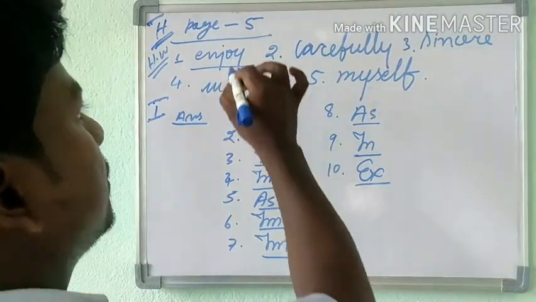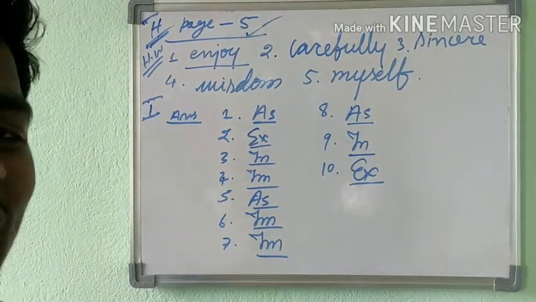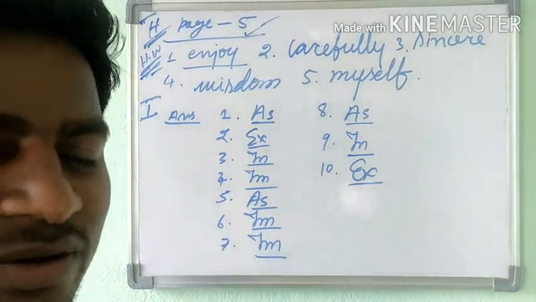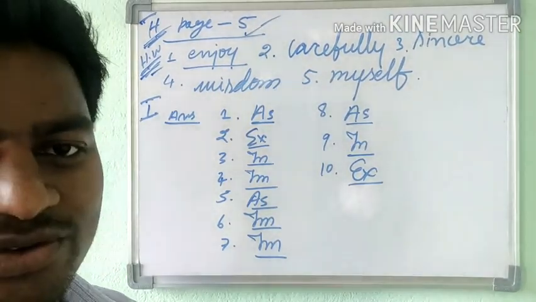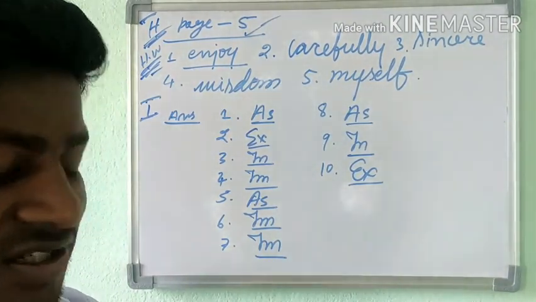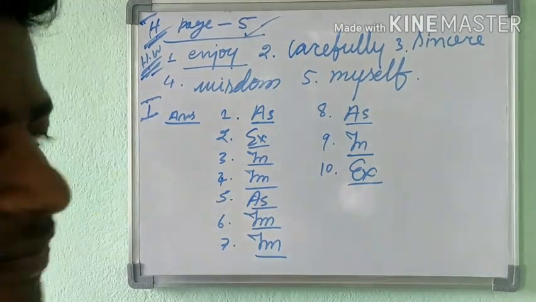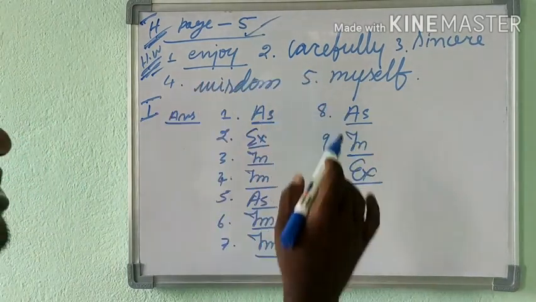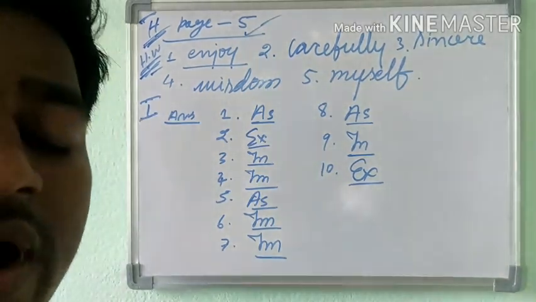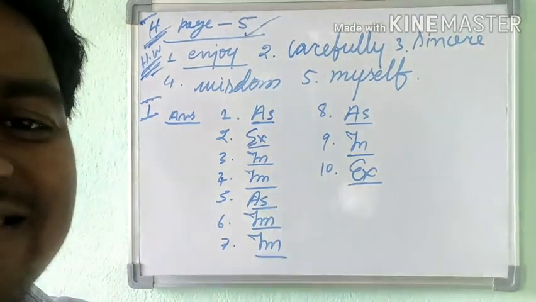Now on page 5, number H, I would like to give you for your homework. You have to do it yourself, because we have studied already which kind of sentences are called assertive, interrogative, imperative, or exclamatory. So here we have 5 words in number H. With those 5 words, we have to make 4 sentences.